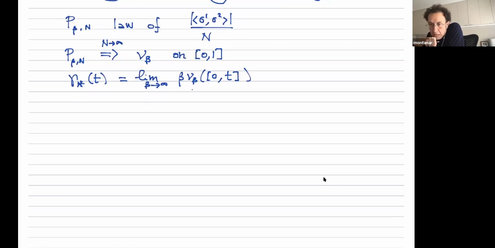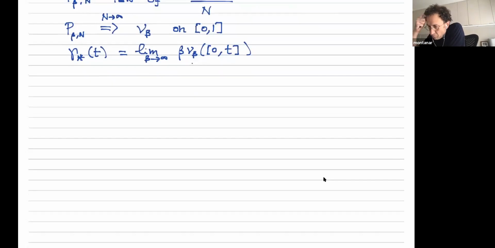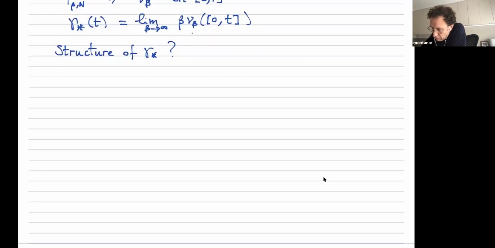Now, what is going to be quite important for us is the structure of gamma star. In particular, we are going to think about two different possibilities.